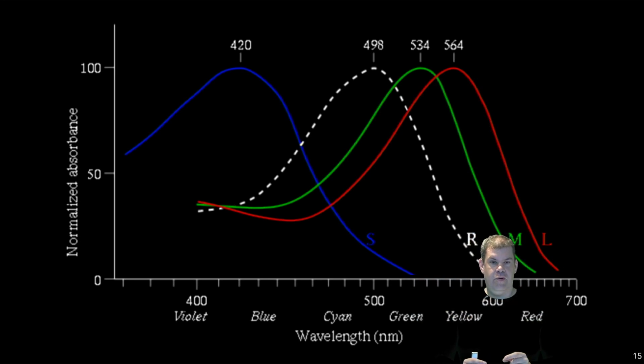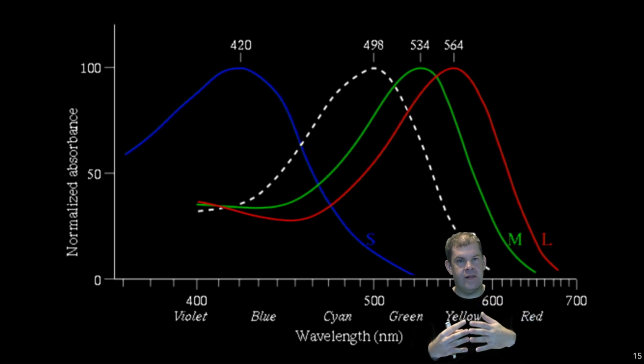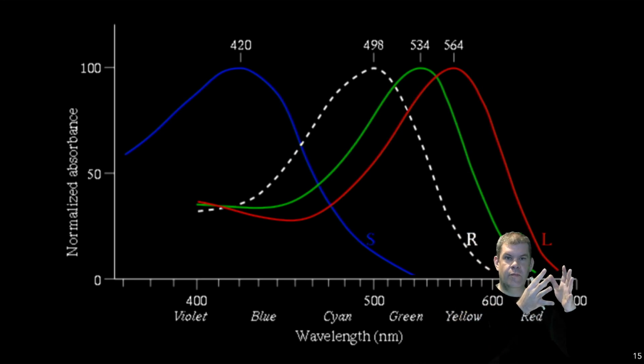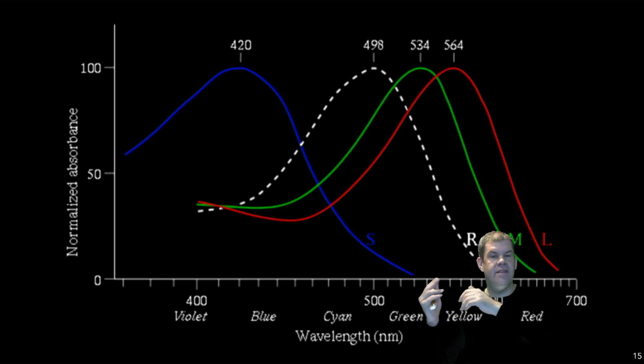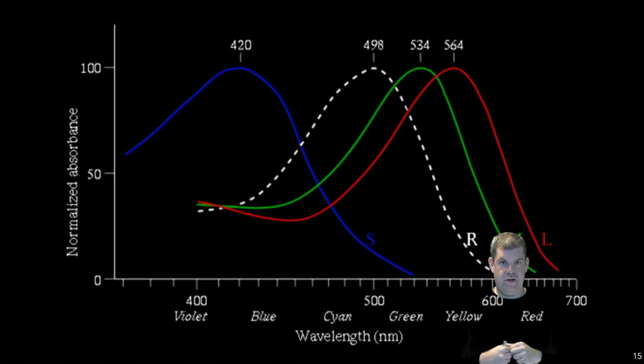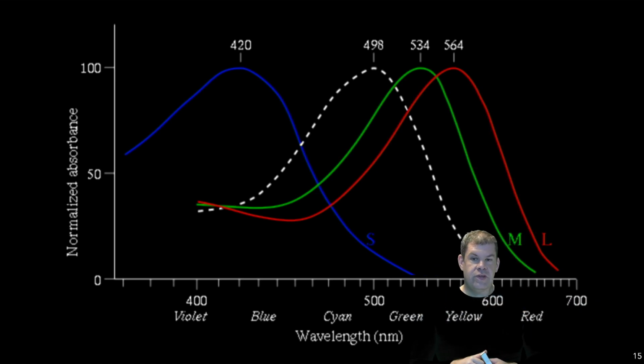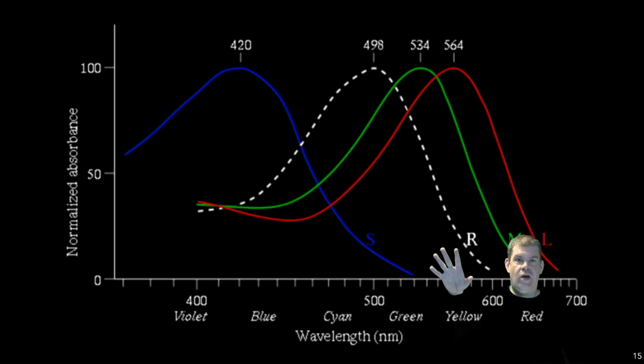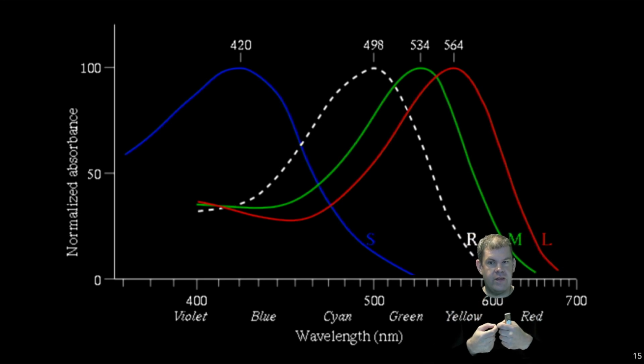Notice one other important thing in this graph. It says normalized absorbance. That says how well, compared to their maximum capacity, they can absorb light and hence create action potentials out of that. The truth is, if I would display this in a non-normalized form, so I get the absolute value, you would actually see that this blue chart is way lower.